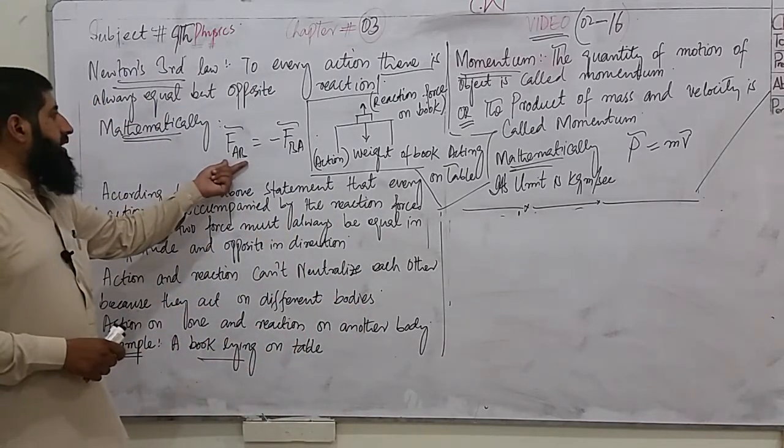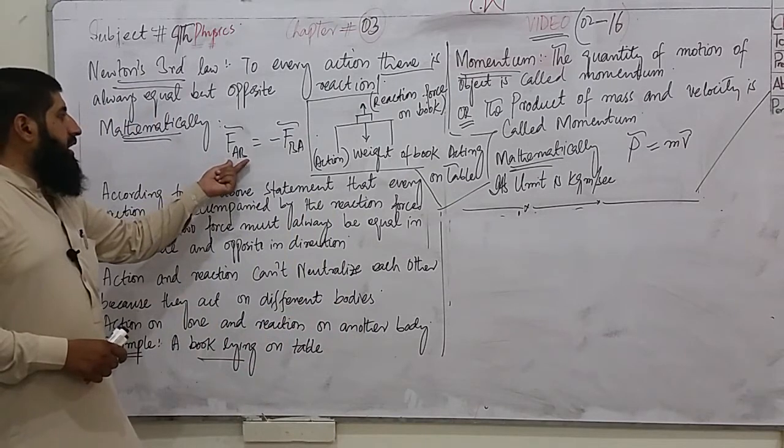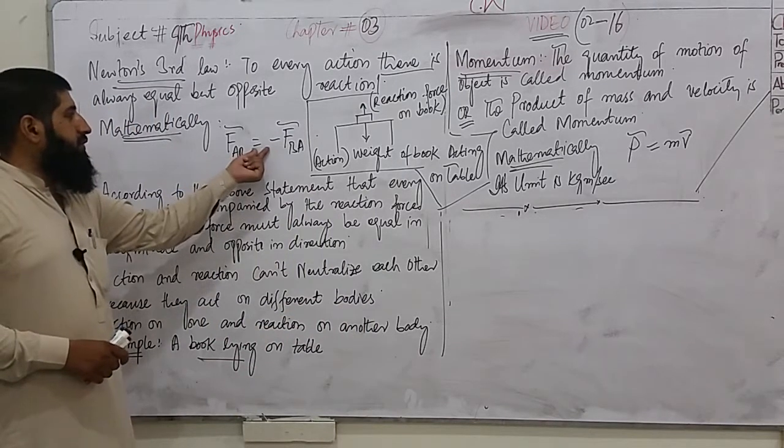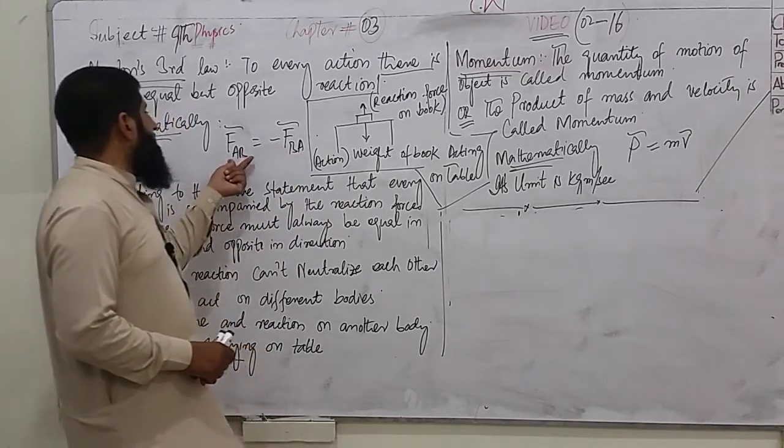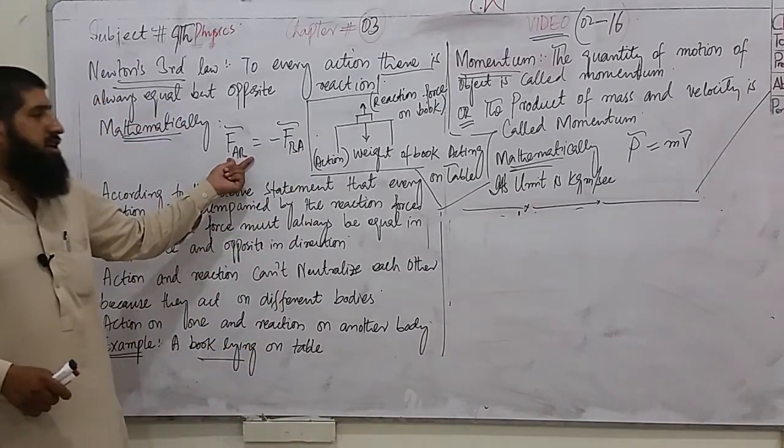Mathematically we can write it as F_AB equals minus F_BA. What are A and B? These are two objects which are acting on each other.